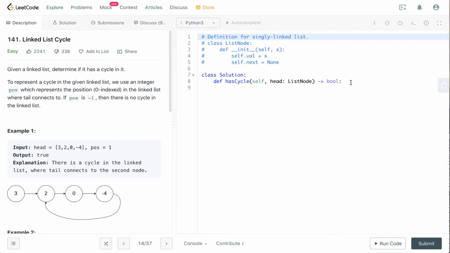Okay, let me see. So there is a slow pointer and there is a fast pointer.